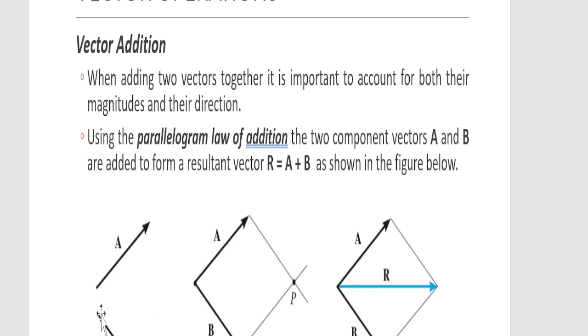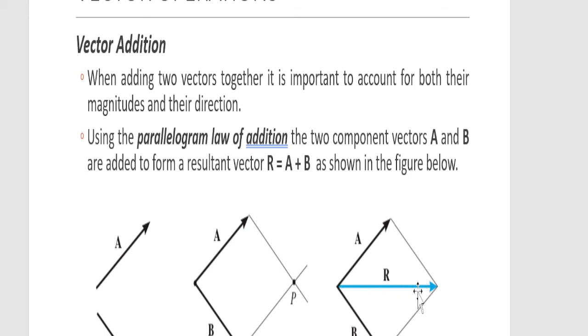One is joining the tails of the two different vectors, and from each vector's head we draw a parallel line forming the parallelogram. From the point of intersection of the tails up to the other intersection, we draw the diagonal.